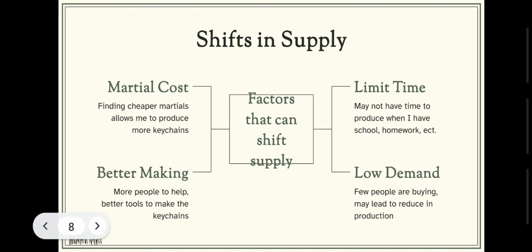And limited time could also affect the supply, as I may not have time to produce that many keychains due to school, work, etc. And a low demand can affect it, because since fewer people are buying the product, it's going to lead you to making fewer keychains, so you won't lose more money.